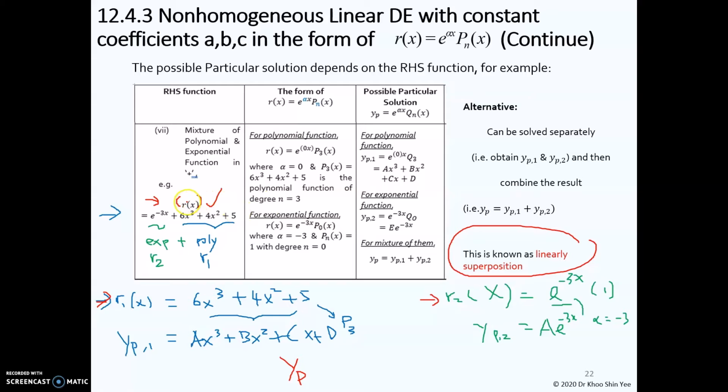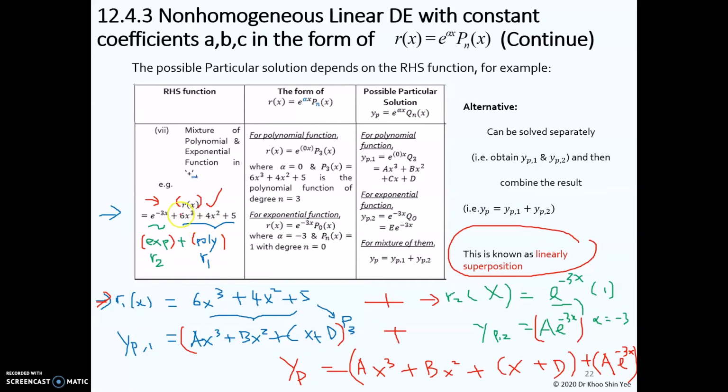So if you found that the right-hand side function is the linear combination, or the summation, of some functions that you know, then you can see that Rx here is equal to R1 plus R2. So the Yp solution here will be equal to Yp1 plus Yp2 as well. Therefore, your Yp solution is equal to this plus this.